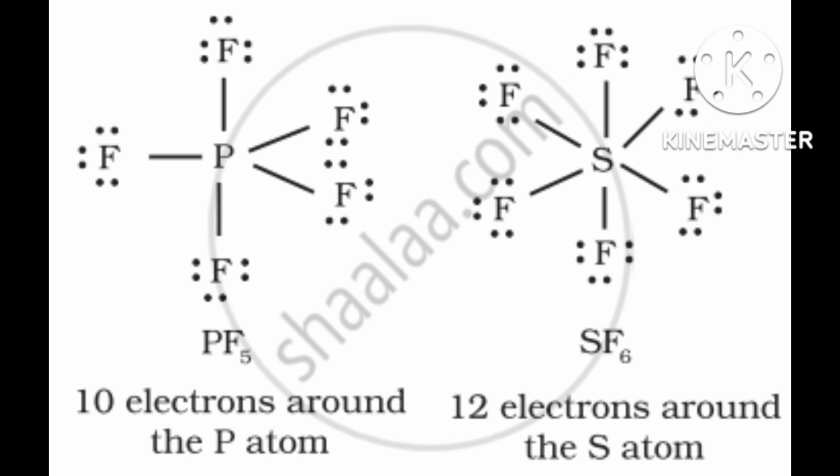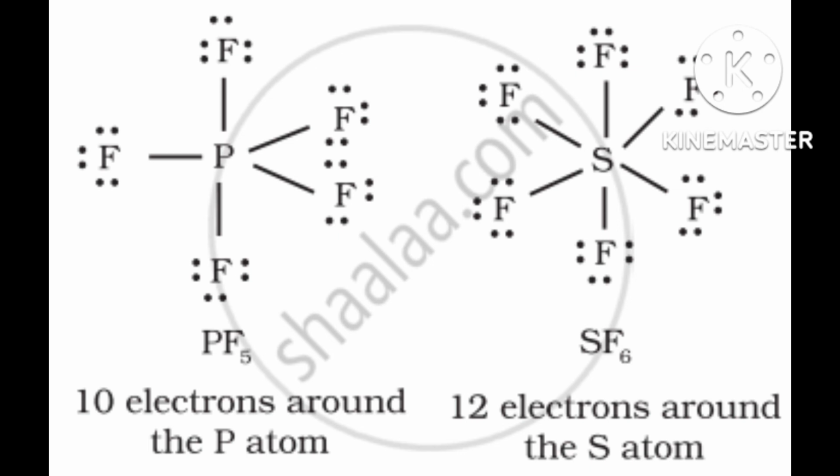thionyl chloride. Here sulfur also has 6 valence electrons. Then one electron makes a bond with each chlorine atom, sharing one from the chlorine and one from the sulfur, a single bond.